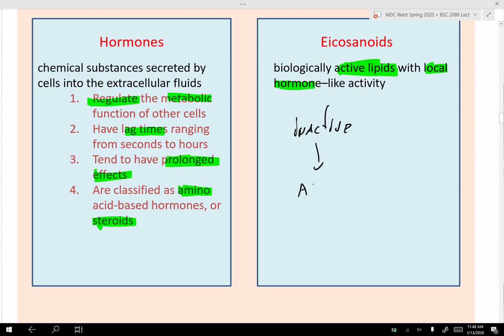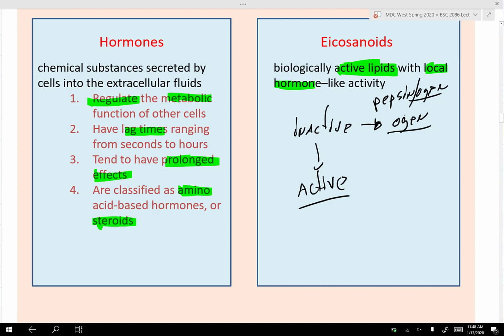So some hormones can be inactive to active. Anything that is inactive has the ending what? Ogen. Give me an example of ogen. An example would be pepsinogen. Who cares what pepsin does?